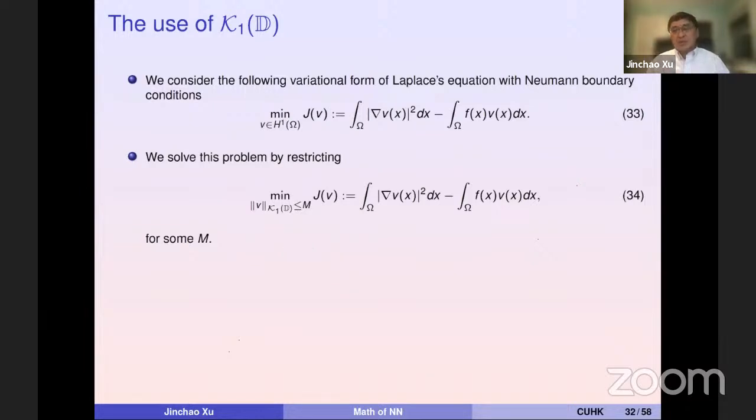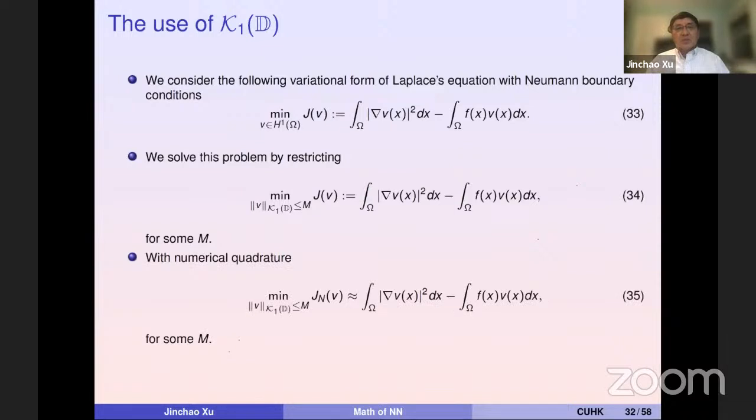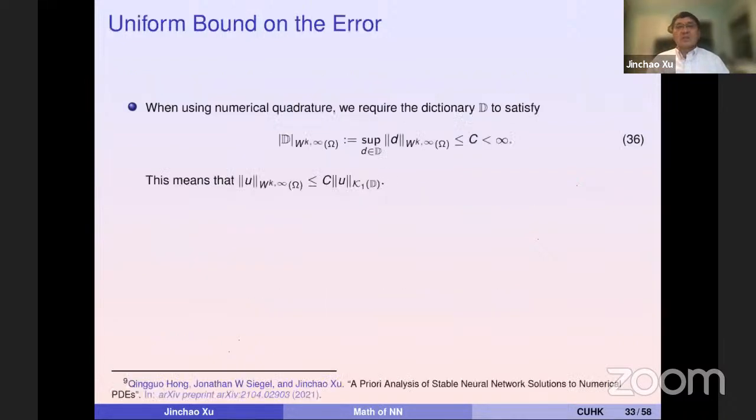If you do the numerical quadrature, you also do it in this function space. The nice thing about this space is that it is quite smooth. The K1D is actually in the W^{k,infinity}.